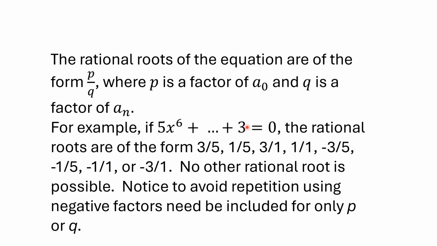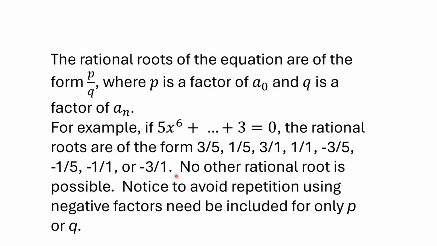It would be a factor of 3, which is 3, 1, -3, or -1. So look at these numerators, 3, 1, -3, -1, divided by a factor of the 5, which is 5, 1. And if I put the -5 and the -1 in, I would end up duplicating solutions.